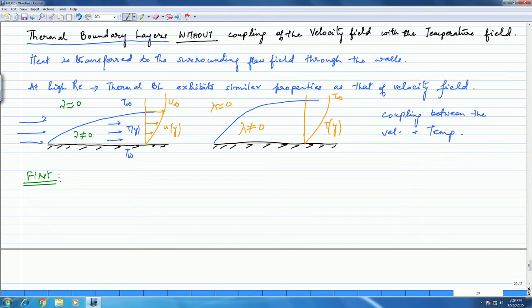We will study the decoupled velocity temperature flow field.